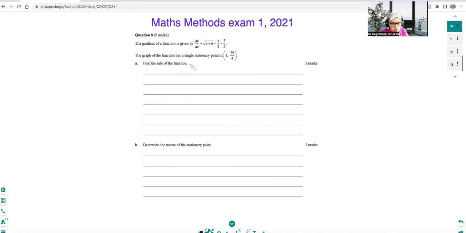To do the antiderivative, you anti-differentiate on both sides.